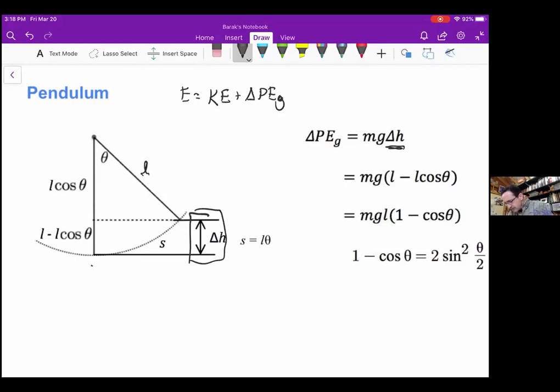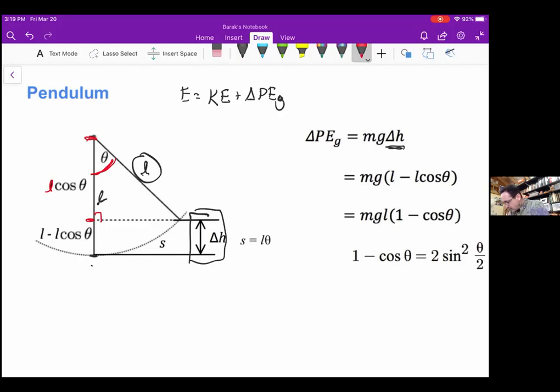And that delta H is related to the length, obviously. We have the length here of the string, and that's going to be the same as the length going from here down to here, because the length of the string doesn't change. We've gone through some angle theta, and since this is a right angle, the side length between this and this is given by L times cosine theta.